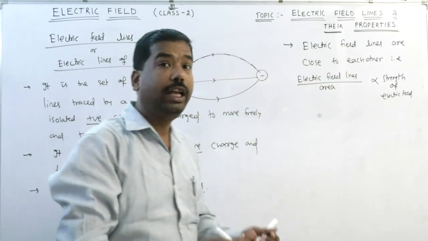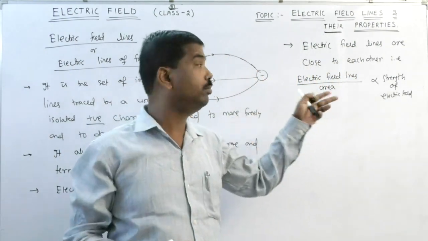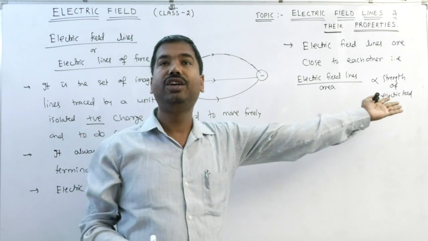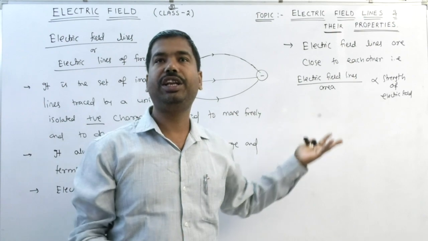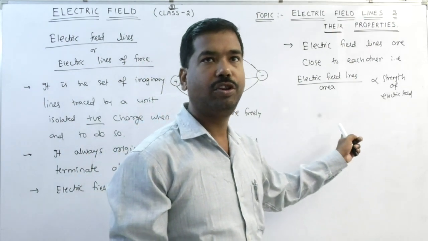It means if electric lines of force are very close to each other, it represents a strong electric field. If electric lines of force are far away from each other, then it represents a weak electric field. Clear?